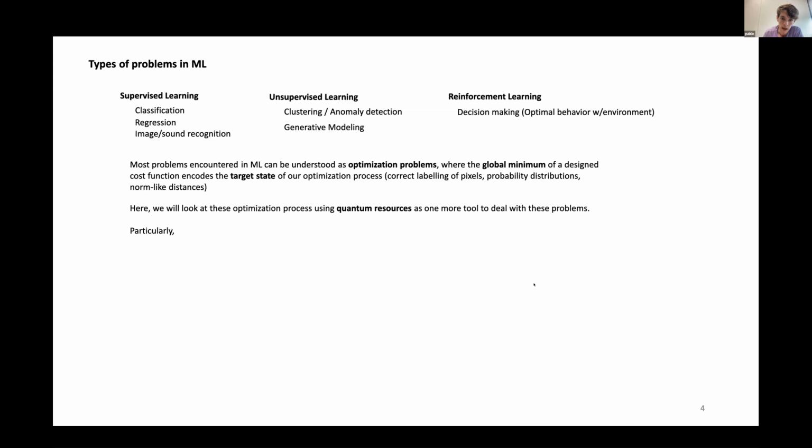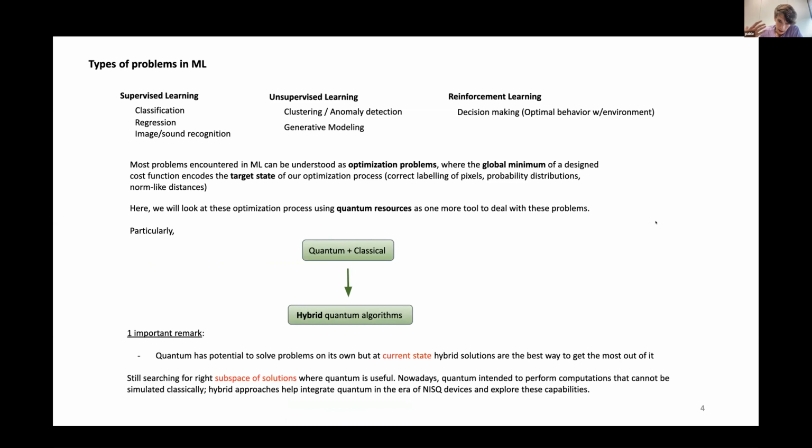And as I was saying, since we are going through this NISQ era, we have to go for hybrid approaches, hybrid quantum algorithms. Again, this does not mean that quantum cannot itself solve these types of problems, in the sense that quantum has the potential to be useful enough to tackle these issues all on its own.